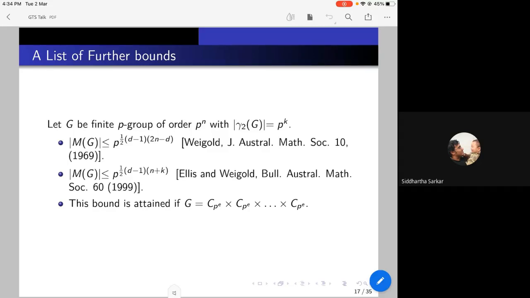Yeah, is this d the rank you're looking at here? Yes. Sorry, this d is the minimum number of generators of G. I'm sorry for not mentioning it. Okay, so that's the bound, and that's how it's a refinement. And the bound is attained for the homocyclic p-groups.